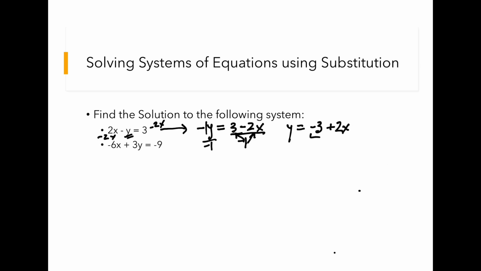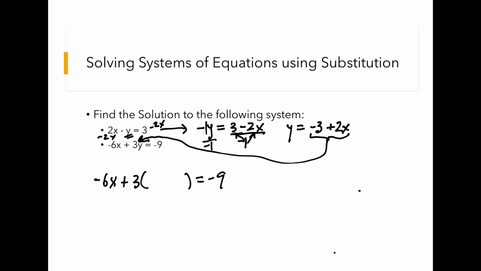All right, so I have my expression for y, which I'm going to substitute into one of the other two equations. So this gives me negative 6x plus 3y equals negative 9. And substituting my expression in there, negative 3 plus 2x. And now we can distribute and simplify, solve this for x.